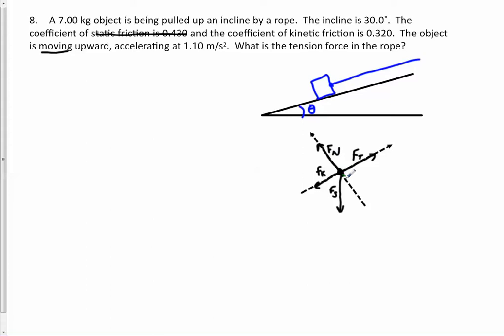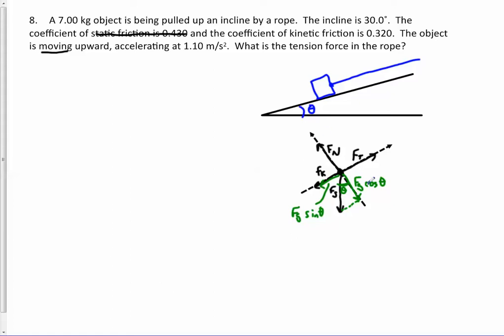Now, that angle theta always shows up right here in this picture. So this will be Fg, that's theta. This will be Fg cosine theta. And then the other part will be Fg sine theta, right? It'd be down here, but I can just move it up here as well. Yeah, so there we go.